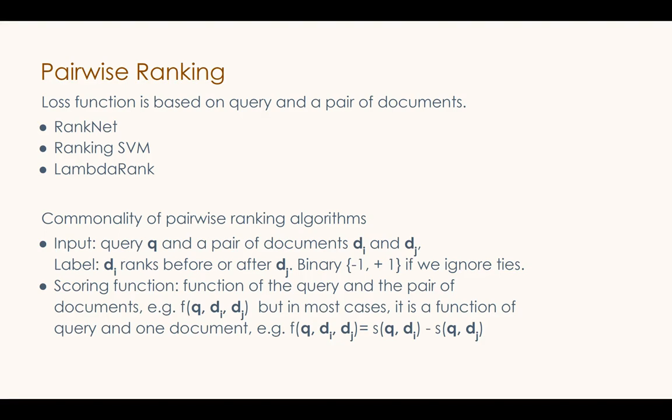So this label is different from the pointwise ranking case. The scoring function also takes a pair, a query and a pair of documents. But in most cases, it is a function of a query and one document, and this pair can be decomposed into the difference between the document scores. That makes things easier when you build the model.